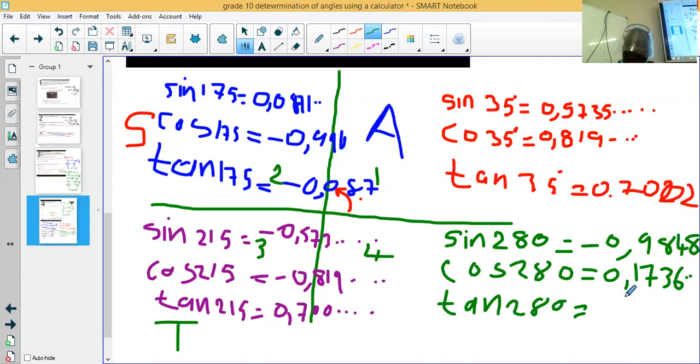Negative 5.671. Now, when you look at this one here, which one is positive? Cosine is positive. So, meaning to say, in the fourth quadrant, only cosine and its reciprocal are positive.